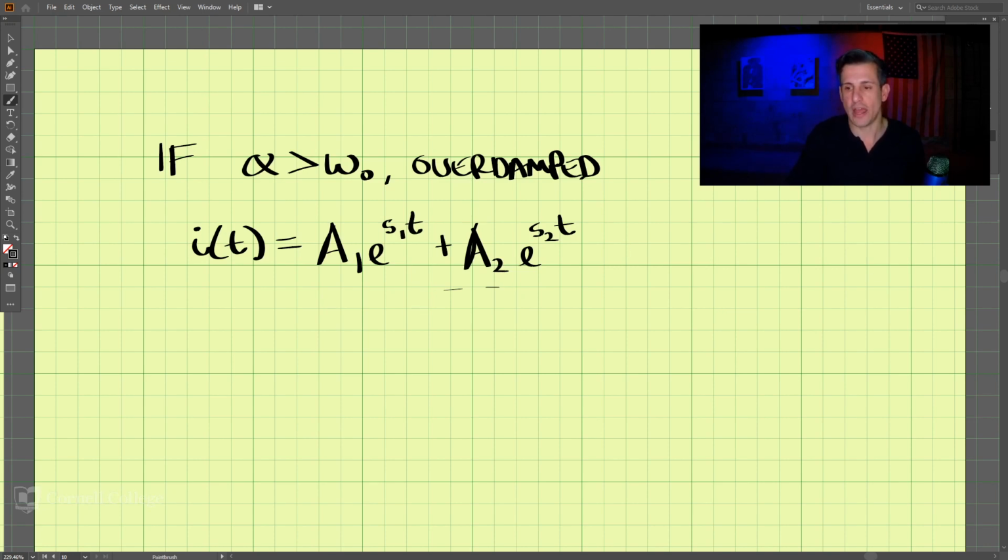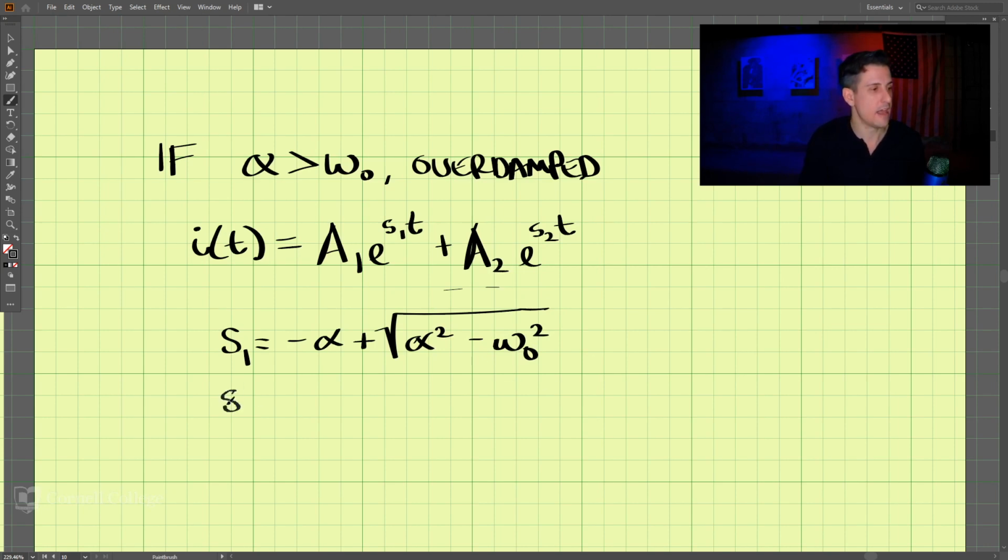And let me tell you what S1 and S2 are. S1 is equal to negative alpha plus the square root of alpha squared minus omega naught squared. And then S2 is equal to negative alpha minus the square root of alpha squared minus omega naught squared.